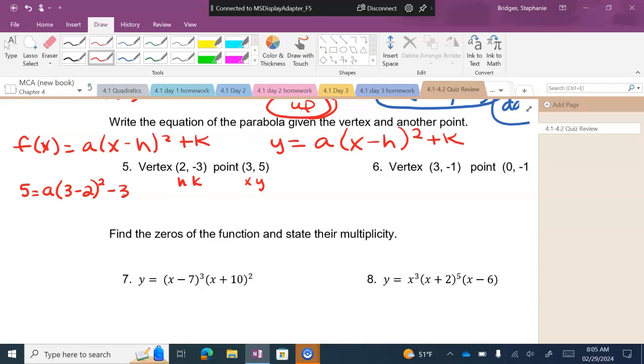And remember, we work inside of our parentheses first. What is 3 minus 2? 1, okay. Then we're going to do 1 squared. What is 1 squared? 1, and 1 times a is just a.